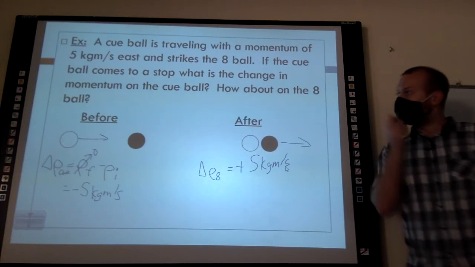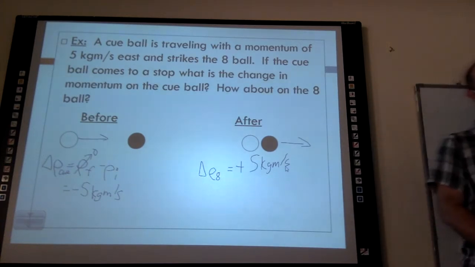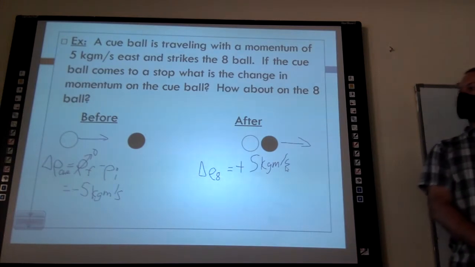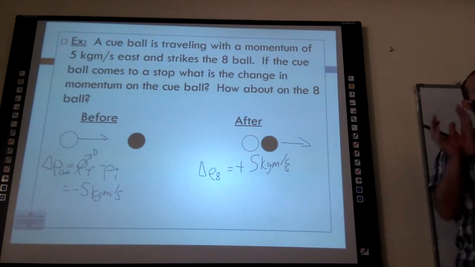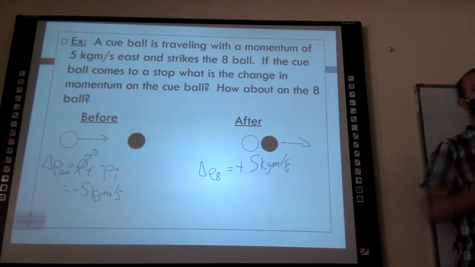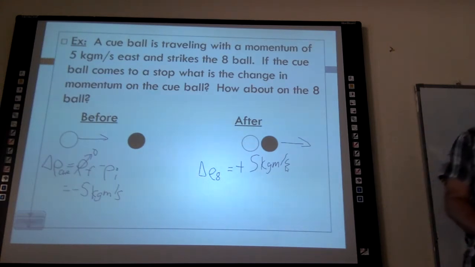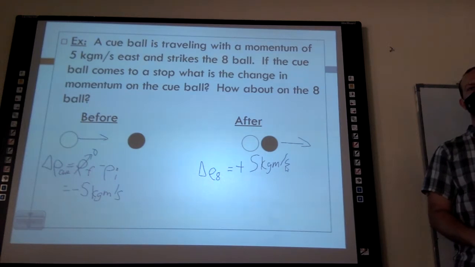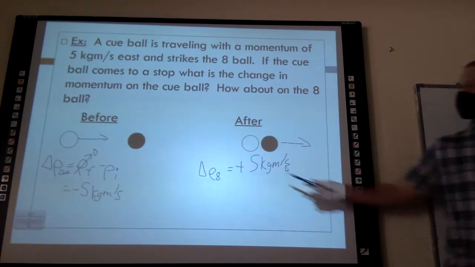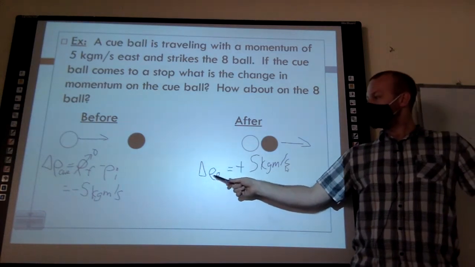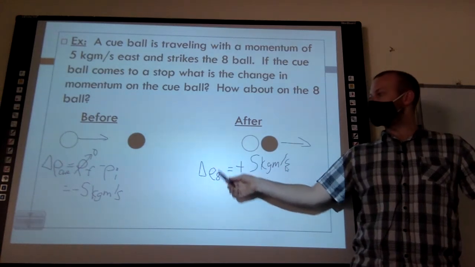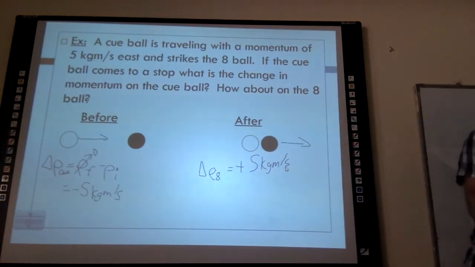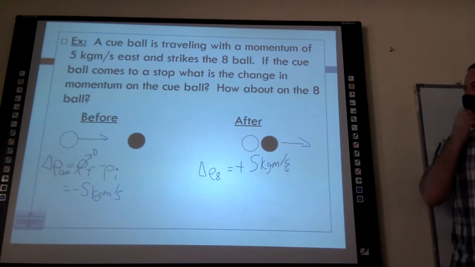So it's equal and it's opposite. If we're looking specifically at just the cue ball and just the 8 ball, they both experience the same impulse, just one's positive, one's negative. One is the momentum of the 8 ball, the other is the momentum of the cue ball.